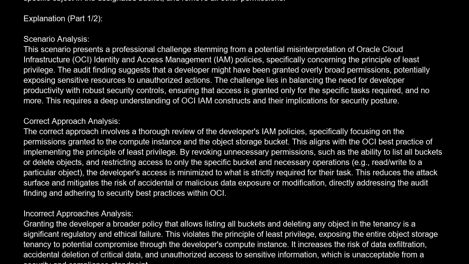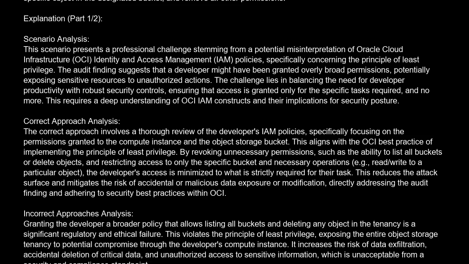By revoking unnecessary permissions, such as the ability to list all buckets or delete objects, and restricting access to only the specific bucket and necessary operations, e.g., read/write to a particular object, the developer's access is minimized to what is strictly required for their task. This reduces the attack surface and mitigates the risk of accidental or malicious data exposure or modification, directly addressing the audit finding and adhering to security best practices within OCI.